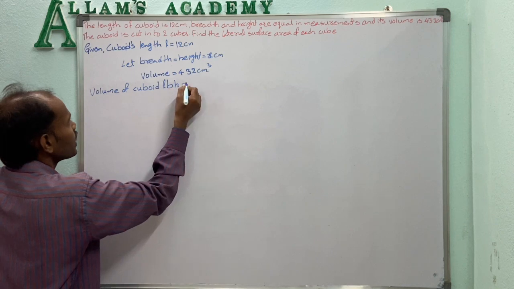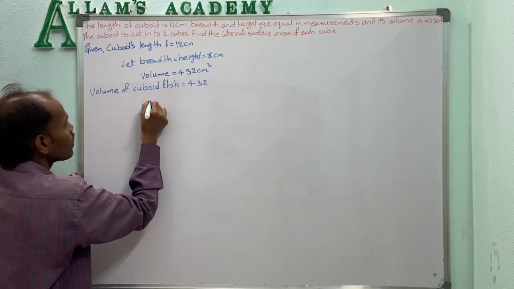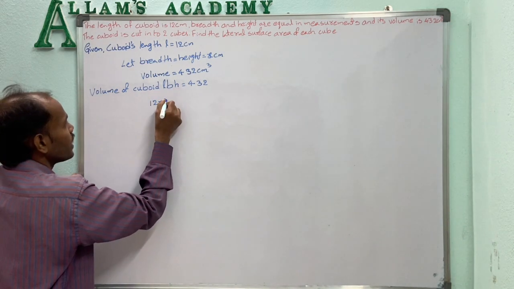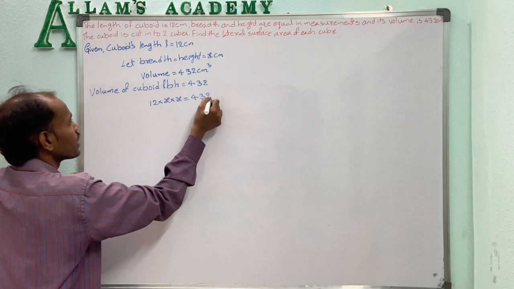L equal to 12, B value x and H value also x, equal to 432.